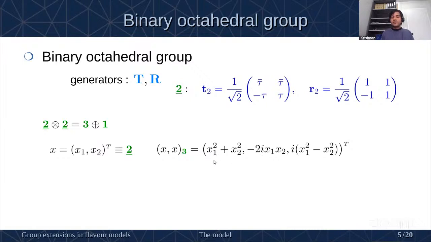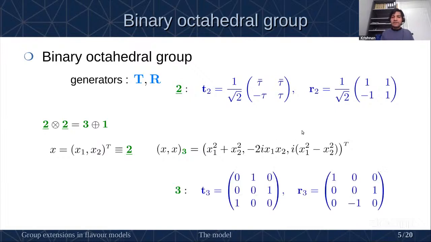First one is x1 square plus x2 square. Second one is this. Third one is this. That's it. And in terms of the matrices, the generators would look like this. This is a 3 representation. So this is a 3 by 3 unitary. It's not unitary, orthogonal matrix because it's a real representation. 3 by 3 orthogonal matrix, another orthogonal matrix. Again, you can take these generators and multiply them together as many times as you want, and you get a discrete group.